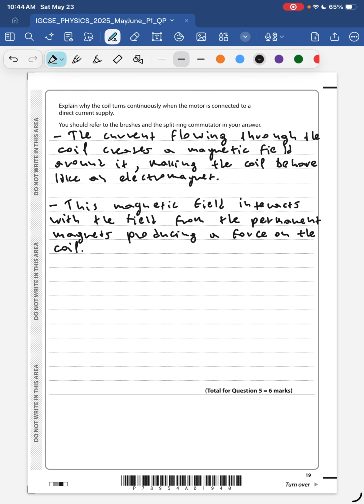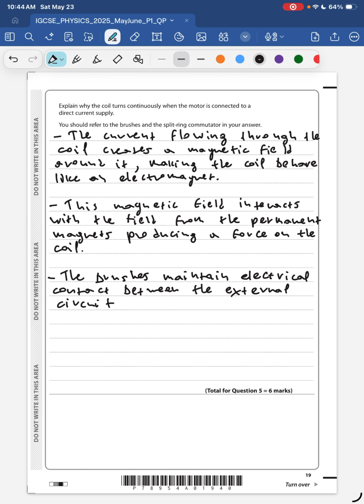So we talked about the force. Now let's talk about the brushes a little bit. The brushes maintain electrical contact between the external circuit and the spinning coil, allowing current to keep flowing without the wires tangling.